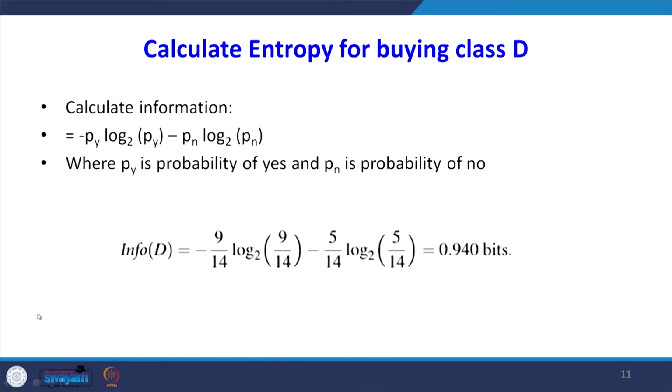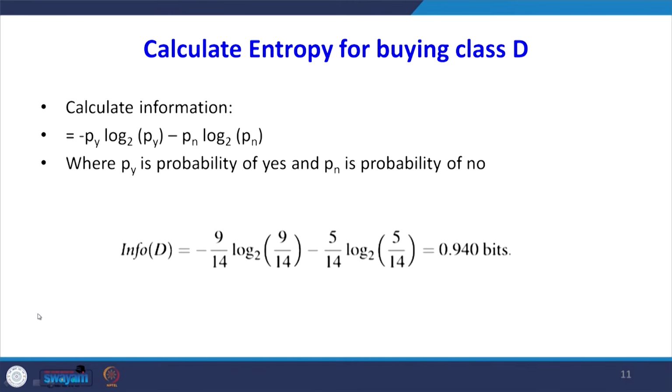For finding the information gain for the attribute income, first we need to know the entropy for the class D. We know how to find the entropy for the class D. It is minus Py log Py to the base 2 minus Pn log Pn to the base 2. Py is the proportion of people in our class who answered yes.